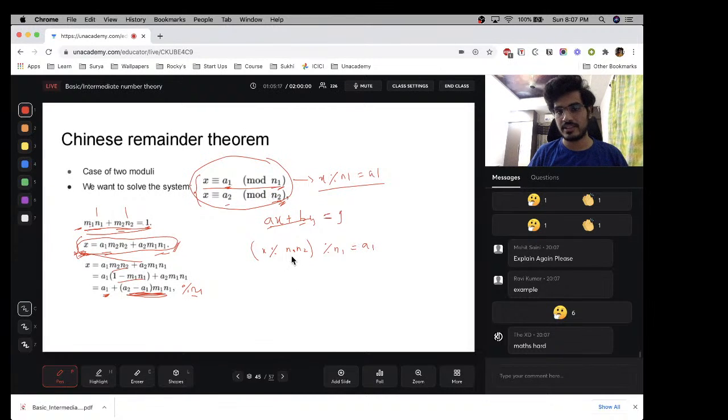That x is less than n1 and n2. Now if we find y equal to x mod, let me try to fix this.